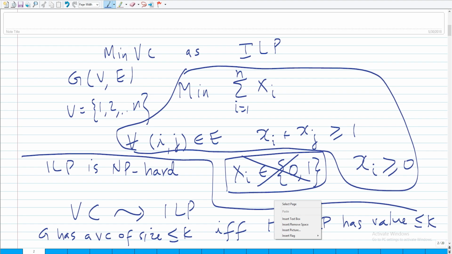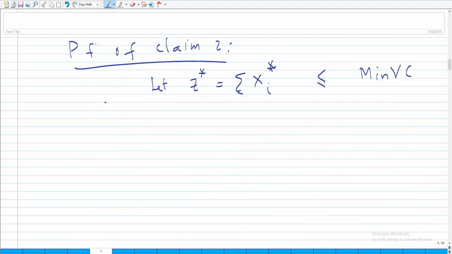Now, I relaxed it. So, will it go down or go up? It is a minimization problem, right. In fact, the integral solution is also a solution of this, right. The minimum vertex cover is also a solution, but now I have relaxed it. This is a minimization problem, so it will actually go down. This is less than or equal to. Why?